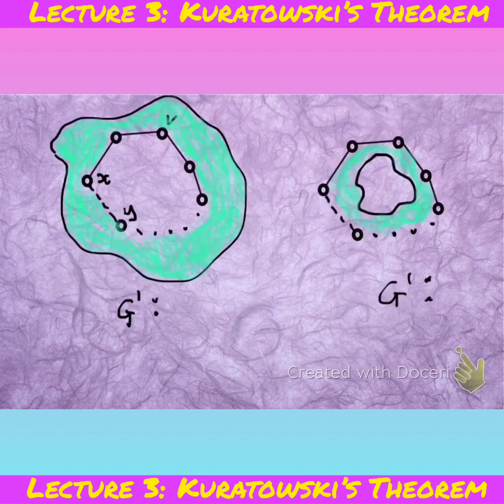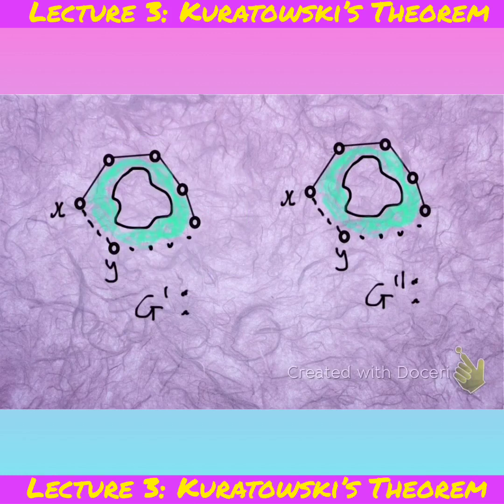Alright, so again, by the same argument, we can take G prime and find a planar embedding for G prime such that the edge xy lies on the boundary of the exterior region. We can do that for both G prime and G double prime.